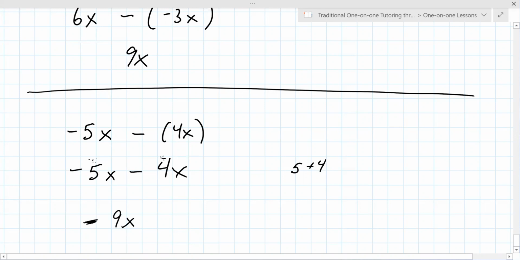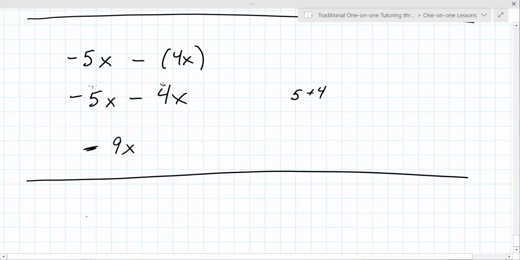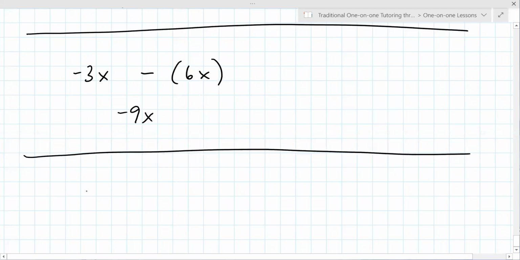It's negative 9x. Okay, let's try this one.